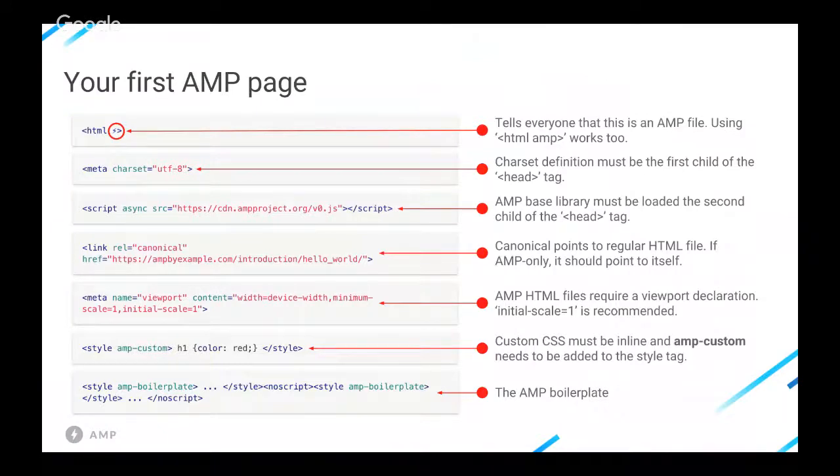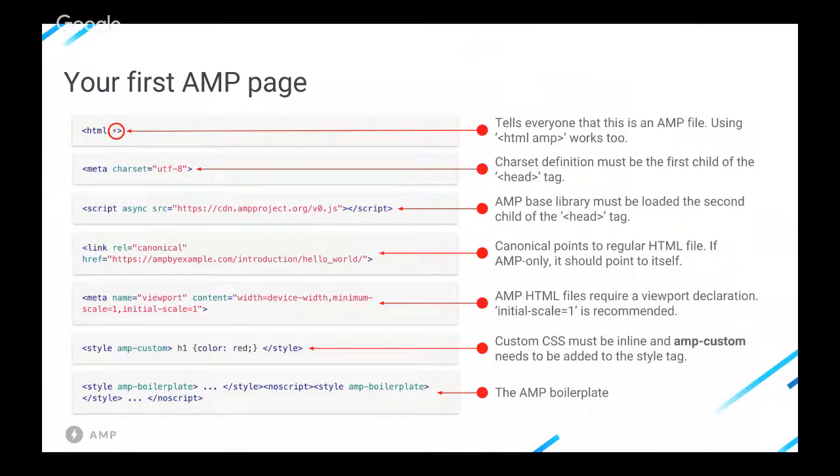Once you have included that, you can go ahead and just use very common elements such as an H1 tag, or a paragraph, or whatever you're used to. However, be aware that there are going to be some custom elements, for example, for images, which I'm going to speak about in a little bit.